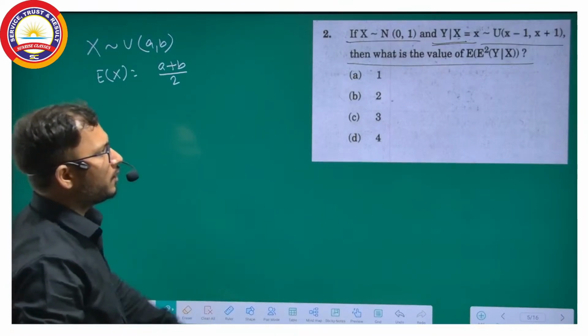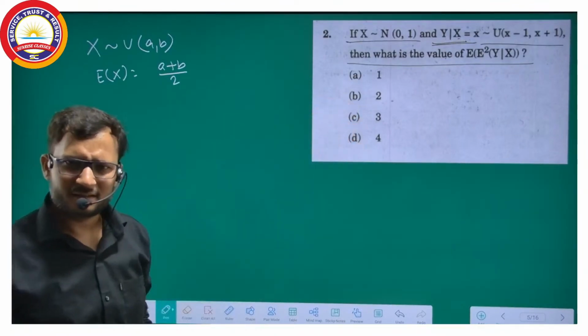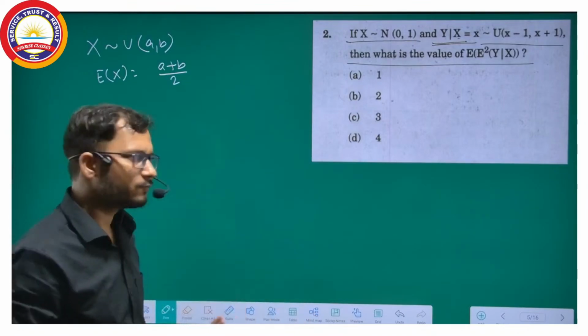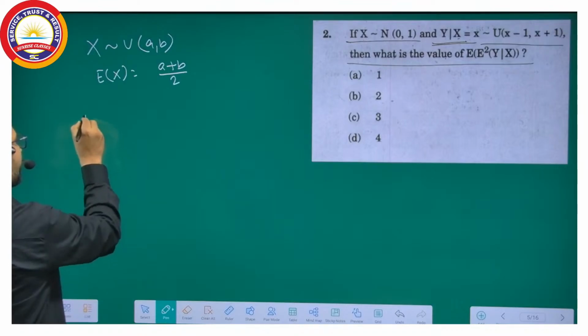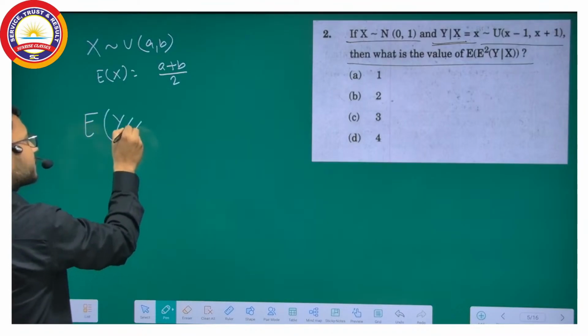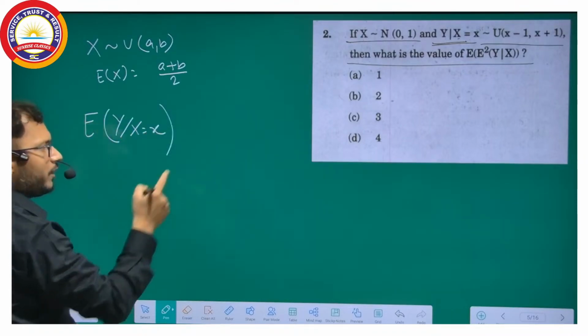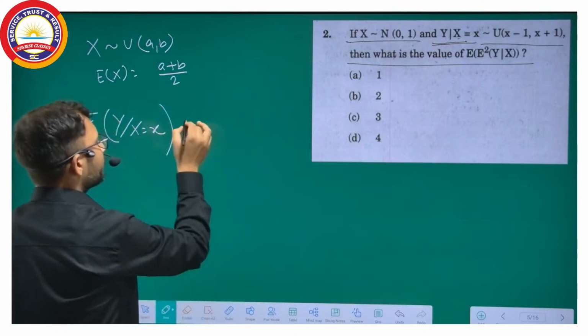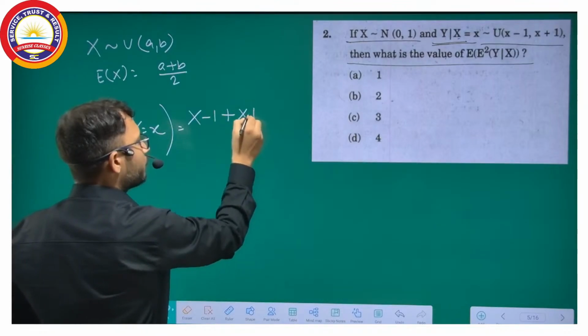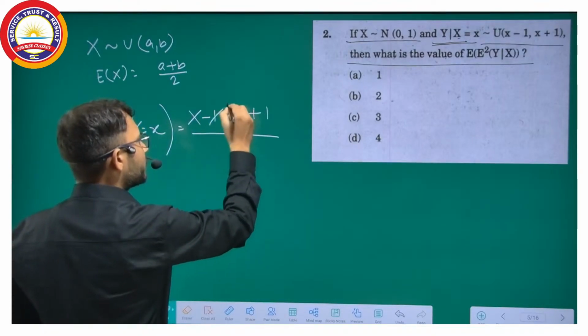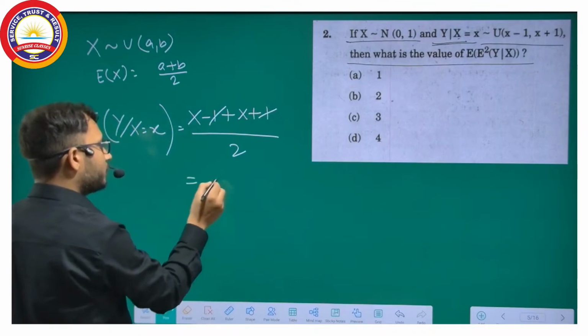So the distribution of y given x is uniform x minus 1 to x plus 1. So obviously expectation of y given x equal to x will be what? x minus 1 plus x plus 1 by 2. Minus 1 plus 1 cancel, 2x by 2, which will be equal to x.